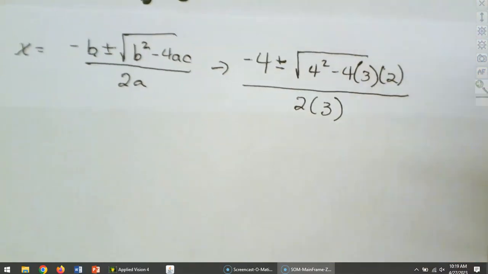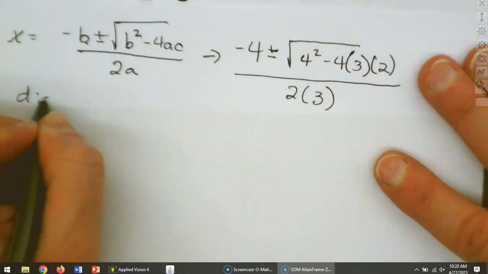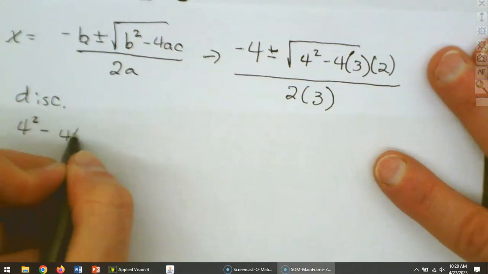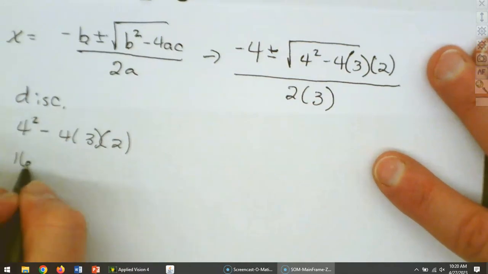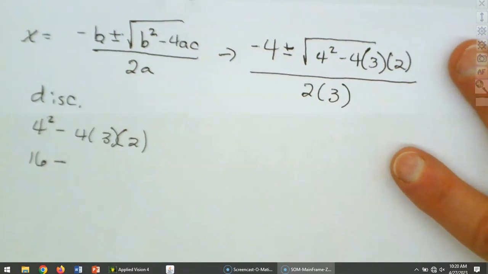Let's go ahead now. Clean it up. We do our discriminant first. And that was 4 squared minus 4 times 3 times 2. So that's 16 minus. Now what about here? 4 times 3 is 12.